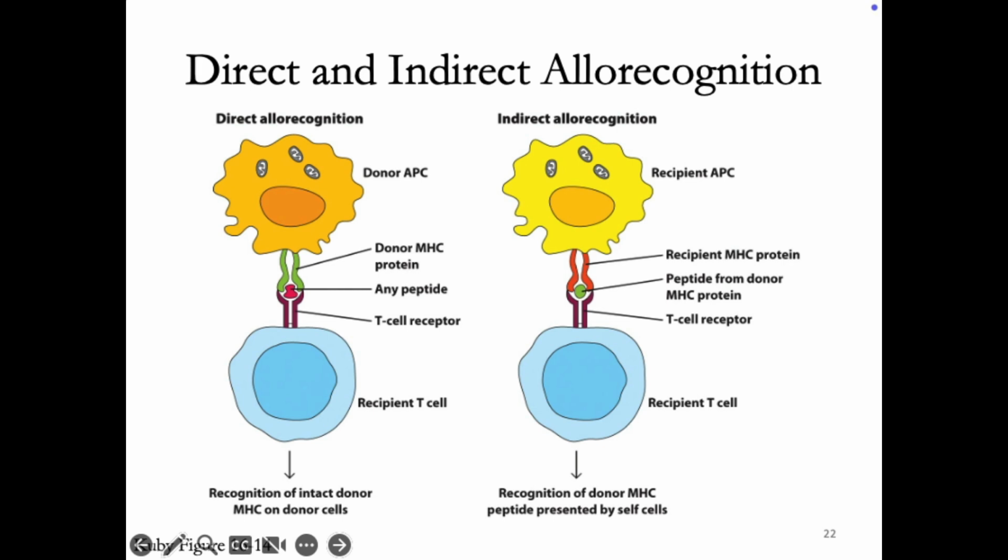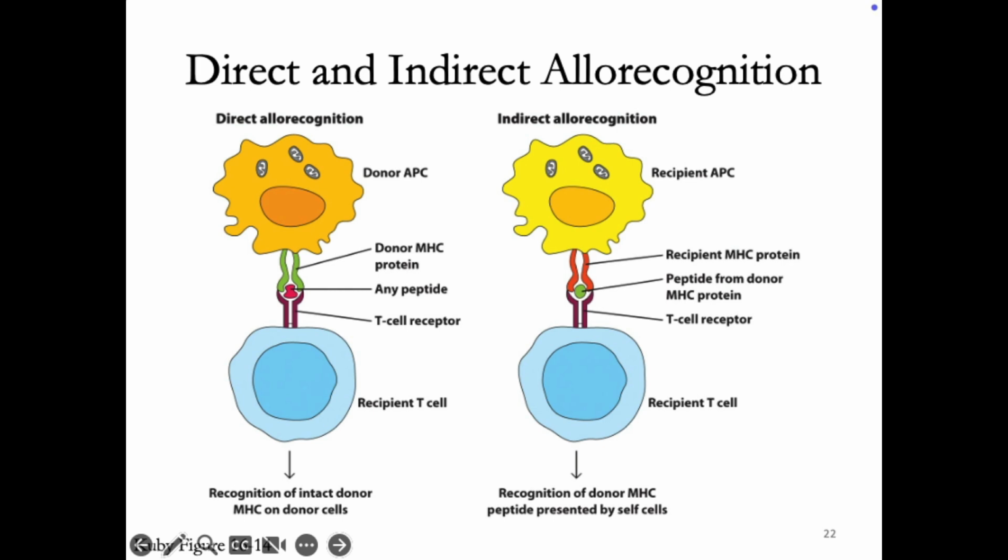It could happen that that foreign protein could get broken down and put on your MHC. So you could take that foreign MHC, break it down, and present it on your MHC as a foreign protein. And so here we are recognizing the donor MHC on the recipient's cells.